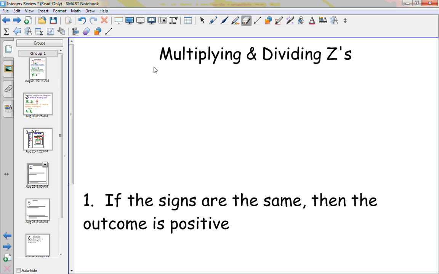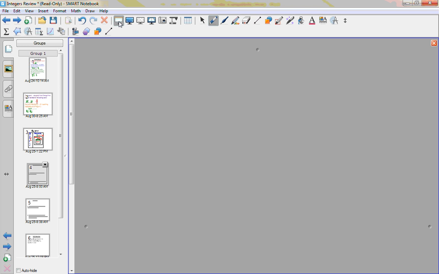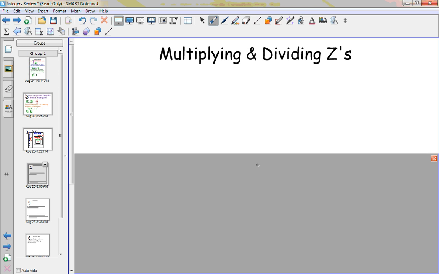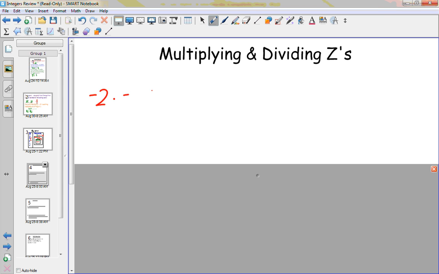So, if we are going to be doing integers, negative 2 times negative 5. Well, many of you are already getting this. It's positive 10. Positive 2 times positive 5, many of you already got that, is still positive 10. So what can you conclude about this?